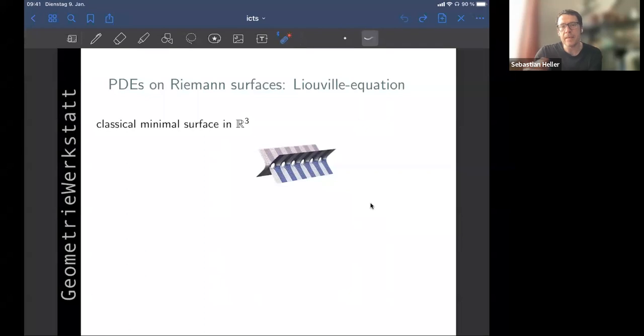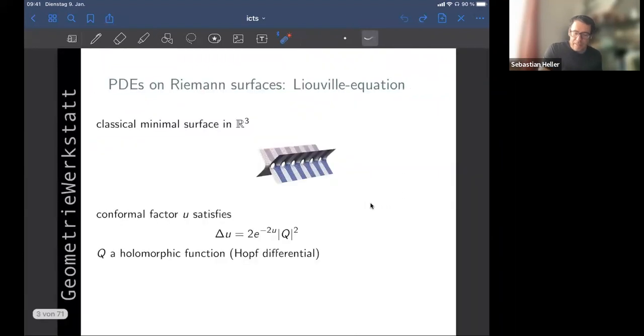When you study minimal surfaces, people realized a long time ago that it's quite useful to use complex analytic data to describe them, and you get the spinor representation. In terms of that you can describe all the classical invariants of surfaces, like the first and second fundamental form.